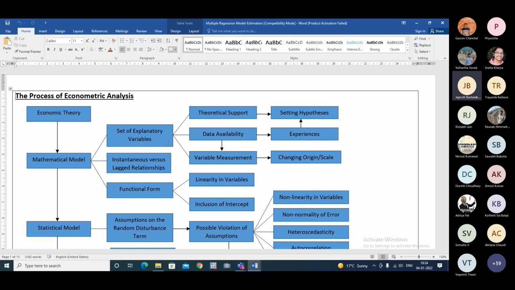But while discussing during the course in this semester also, we'll be having some references on dynamic models.